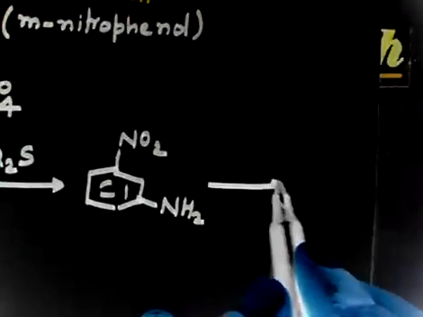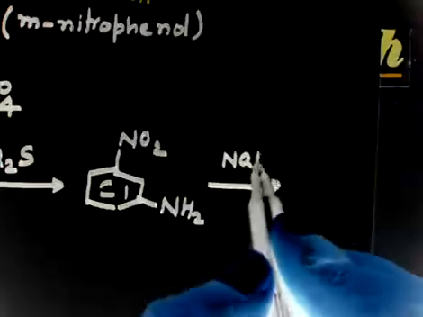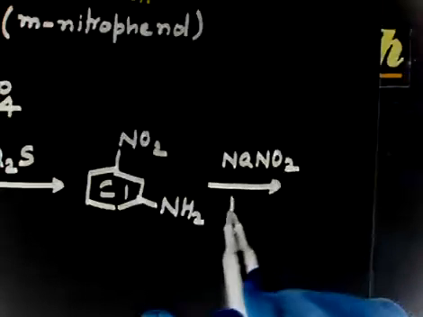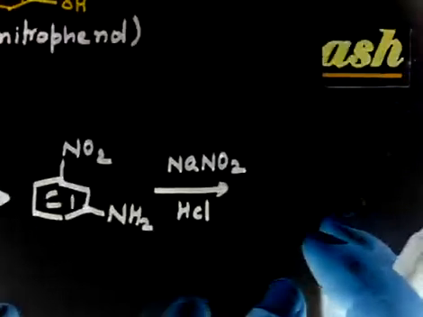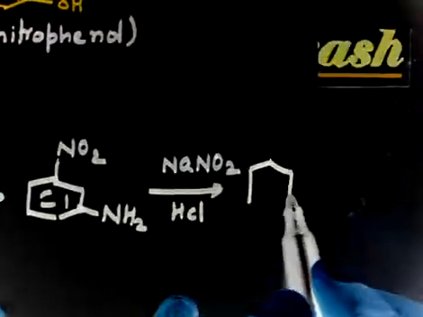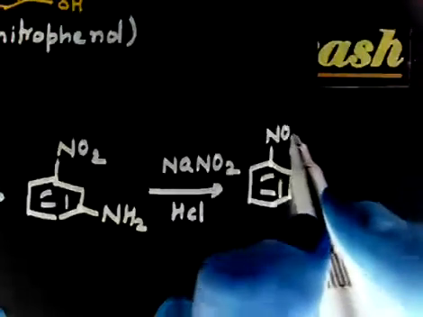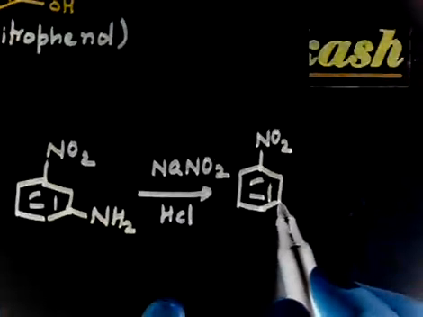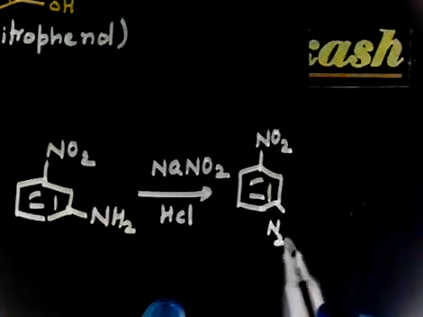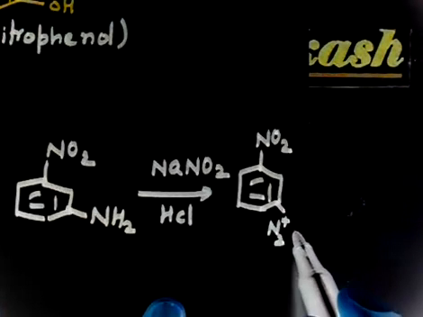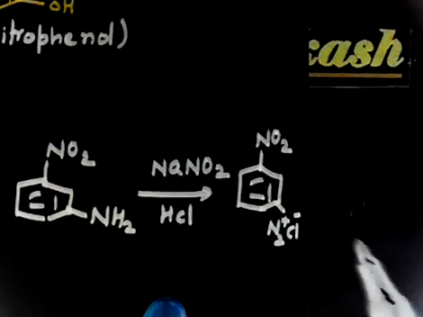So next is NaNO2, HCl. You will have the diazonium cation form. So here you have NO2 and here you have N2 plus. Are you getting or not? And with HCl, you get N2 plus Cl minus.